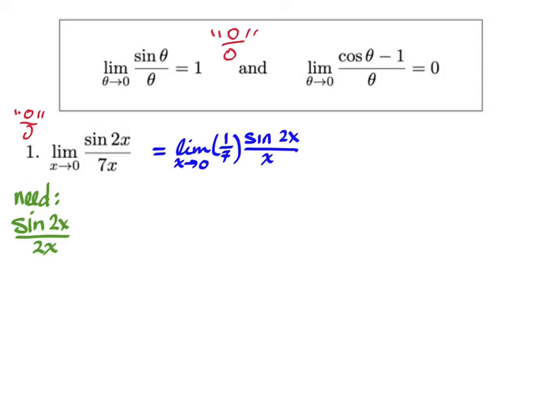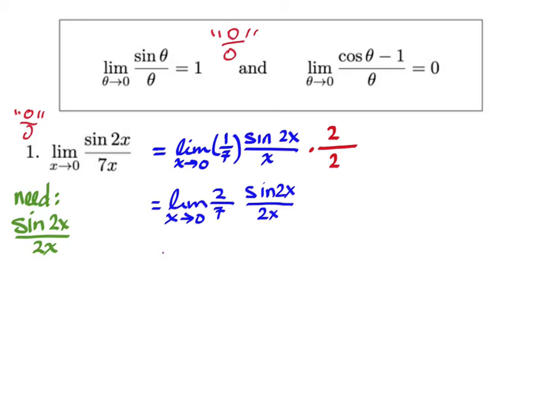We don't want to change the value of the fraction. So I'm going to multiply by 2 over 2. And because I'm multiplying 2 times the sine of something in the numerator, the 2 can be written in front of the sine of 2x. I could put the 2 before or after, so I'll put it before. And that means I'm doing the limit as x approaches 0 of 2/7 times sine of 2x over 2x. Great.